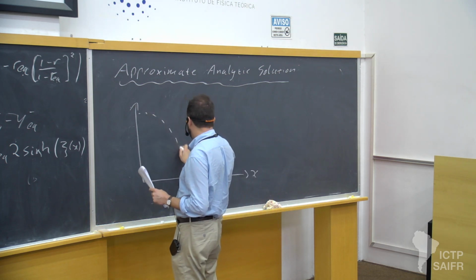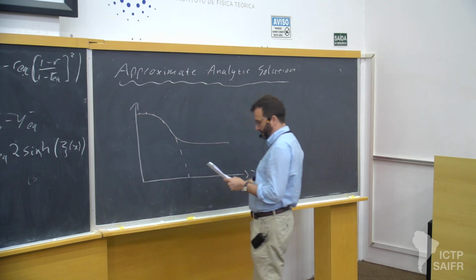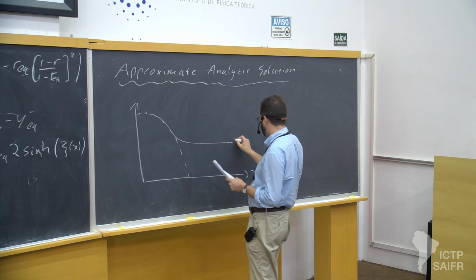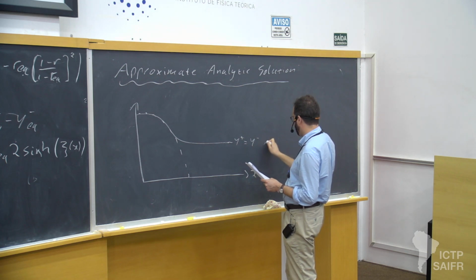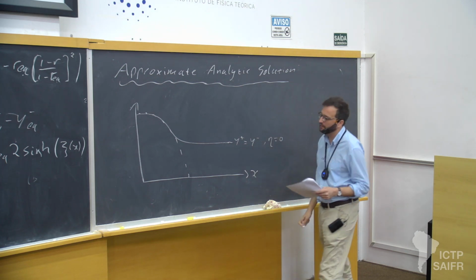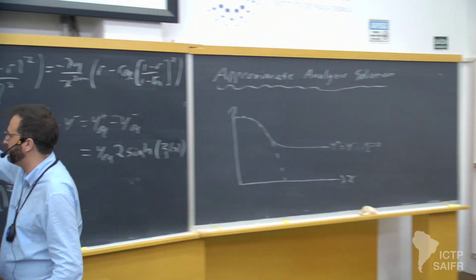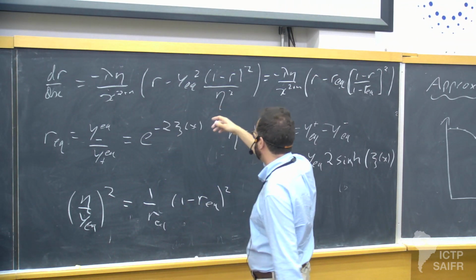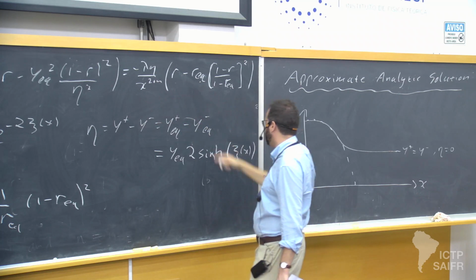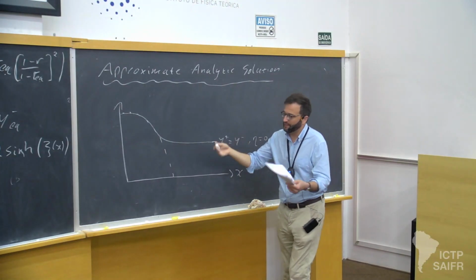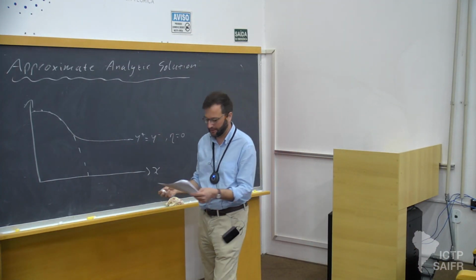We had our solution in the symmetric case, which did something like this, for y plus equal y minus, or in other words, eta equals 0. Now we want to solve a very similar equation that we've just rewritten in terms of r and r equilibrium. But when we solve that, we'll be able to go back to y plus and y minus very easily.